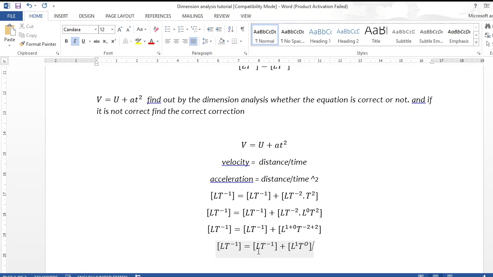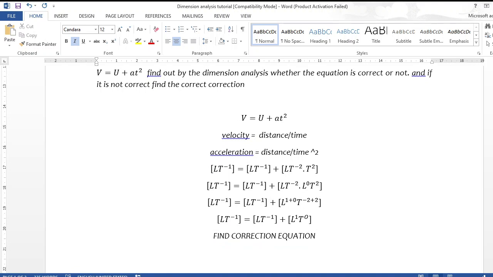So in this case, because the dimensions are not equal in the left hand side and the right hand side, we say that the equation is not a correct equation by dimensional analysis. If the equation is not correct, then you need to find the correct equation. That's what the question is saying. Find the correct equation.